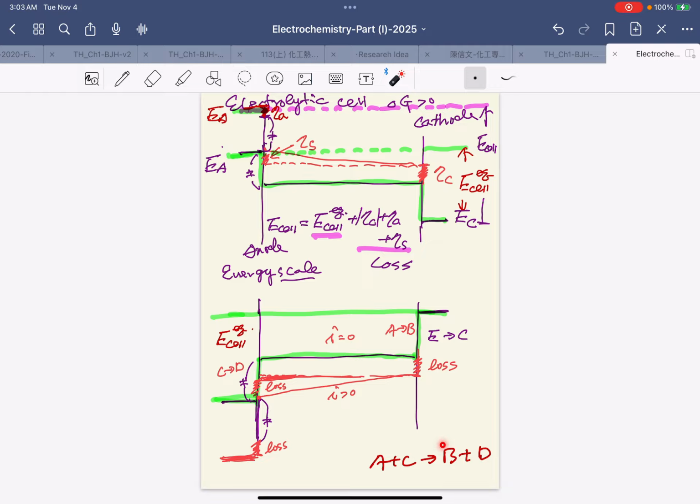Of course, this is the product at the cathode side, this is the product at the anode side. So your energy curve will be like this. Okay, so I can draw, so the overall curve will be like this.